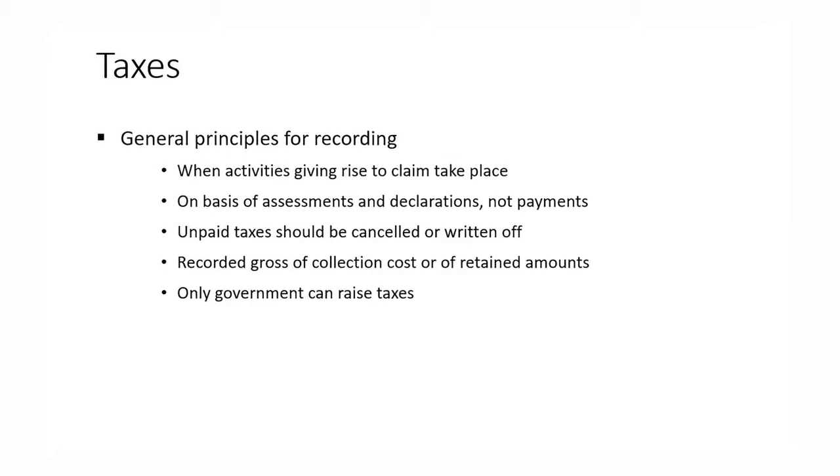When activities giving rise to claim take place, you have to record this when they give rise to claim. So we talk about the recording time, the correct recording time for taxes. It's done on the basis of tax assessment and declaration, not on payments, as I already pronounced. Unpaid taxes should be cancelled or written off.